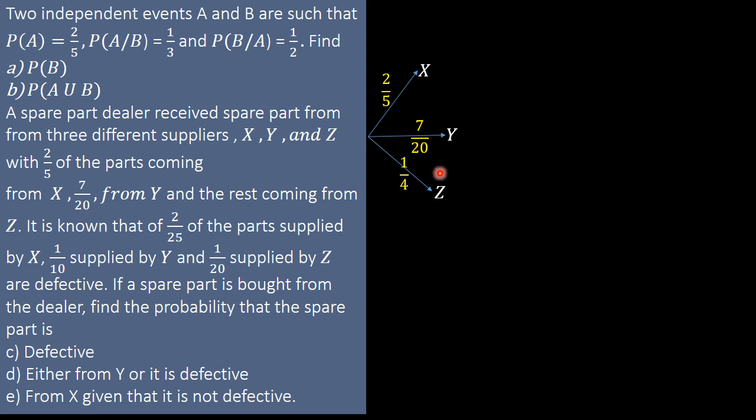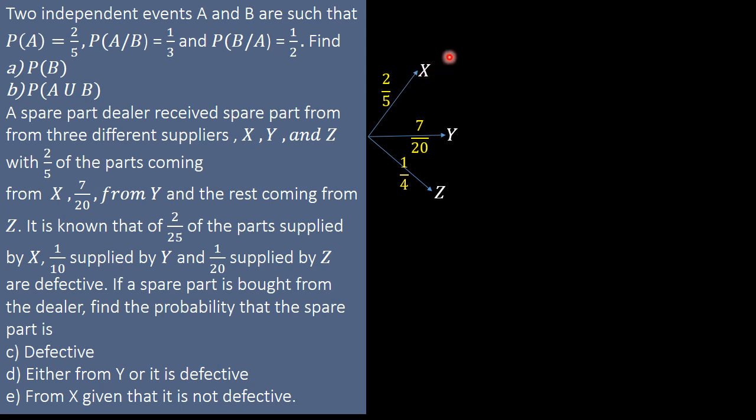Great. Then friends, the question also told us that 2/25 of the parts supplied by X, 1/10 supplied by Y, and 1/20 supplied by Z are defective. Great. So we are going to take capital D to represent a defective part, then D prime to represent a part that is not defective.